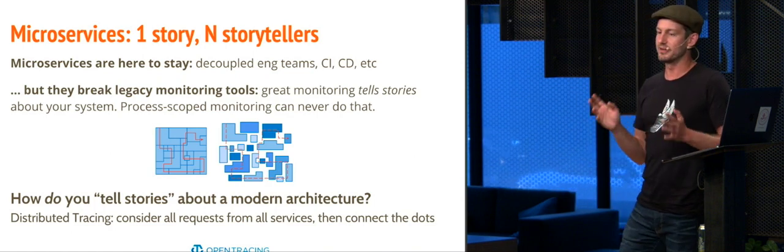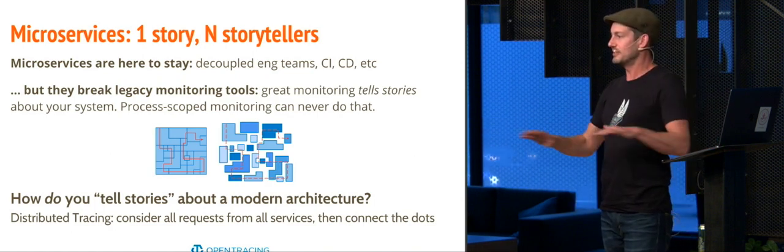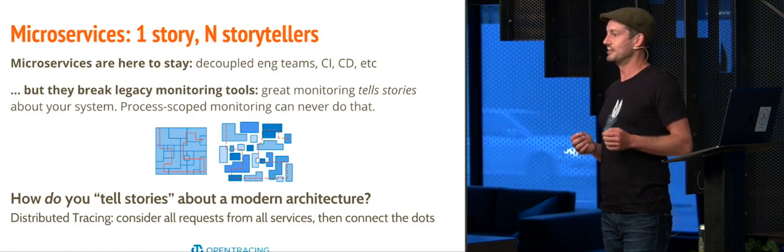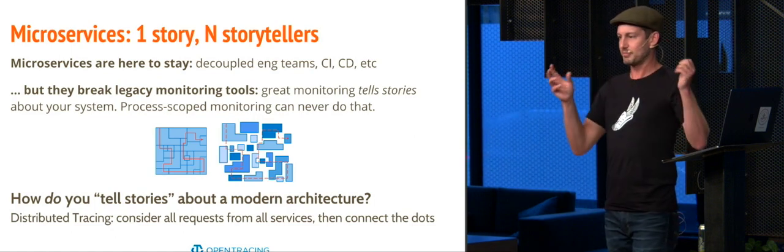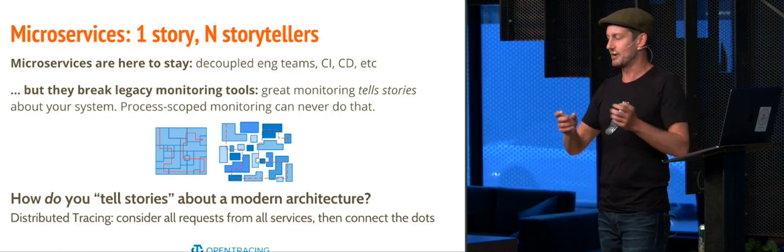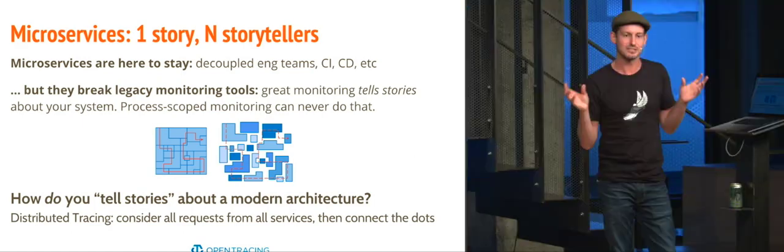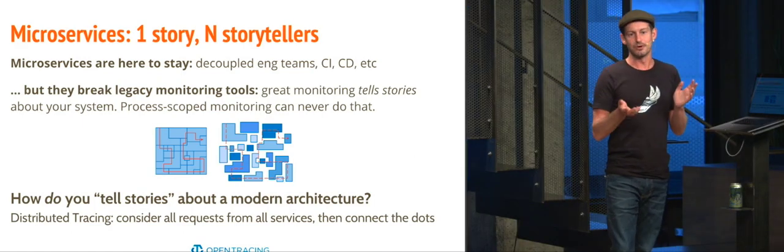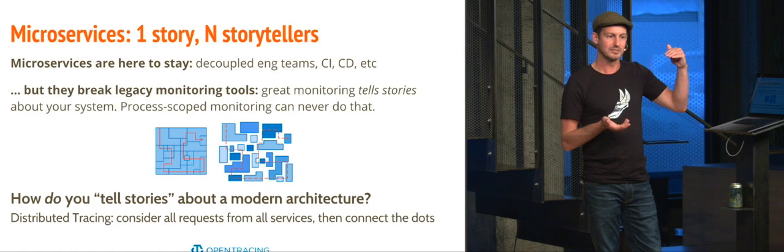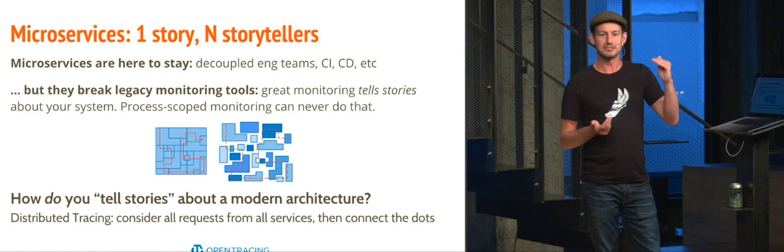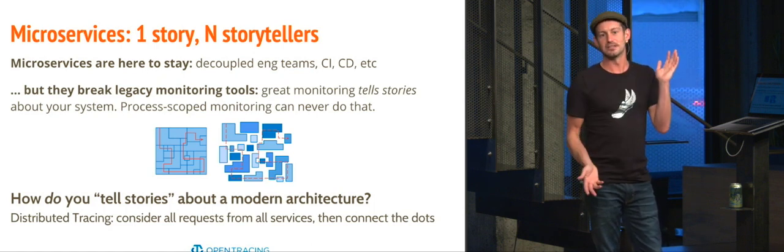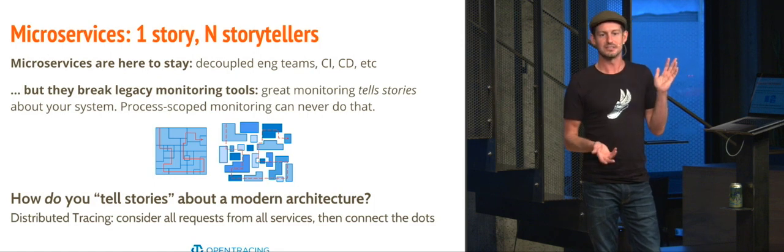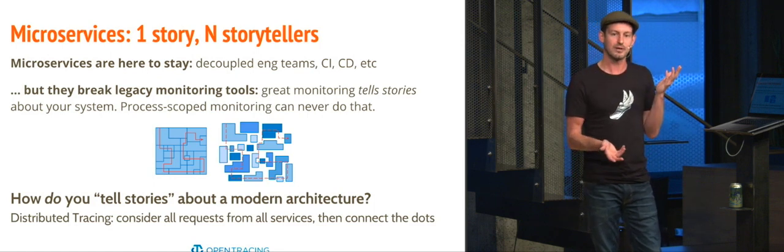There's a lot of good stuff there that was completely laid to waste when we took our systems, broke them apart into small chunks, and moved them off to separate machines and processes. Before, if a request came into your system, you would hit your application, and you would have a stack trace, and you could see everything that happened around that request.